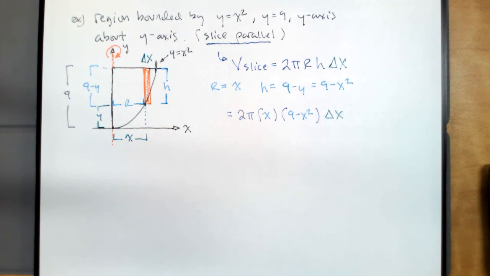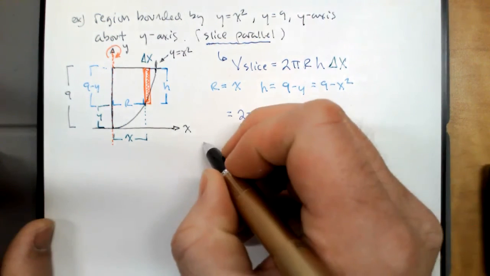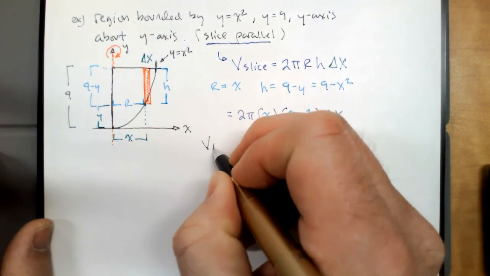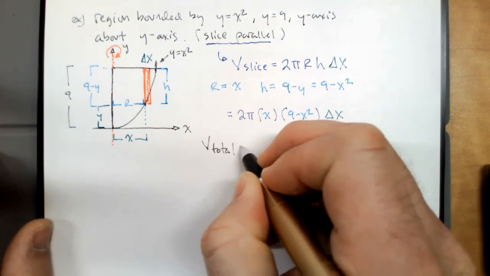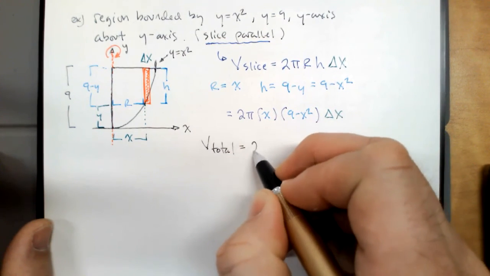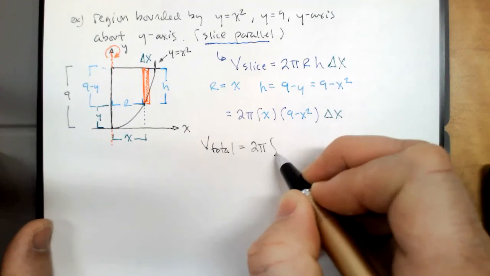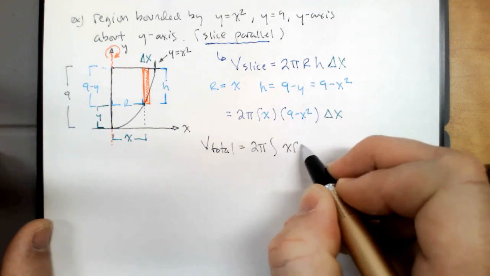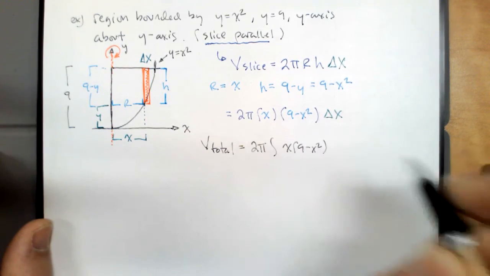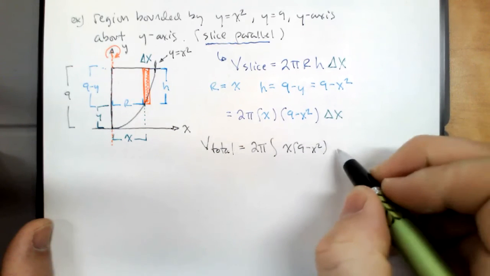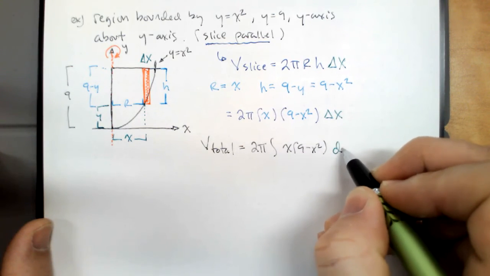Then we add up all such slices into a Riemann sum with the number of slices goes to infinity, and that will produce our definite integral. So our total volume, I'm going to factor out the 2 pi. We have the integral of x times 9 minus x squared. Our delta x gets written as our continuous dx.